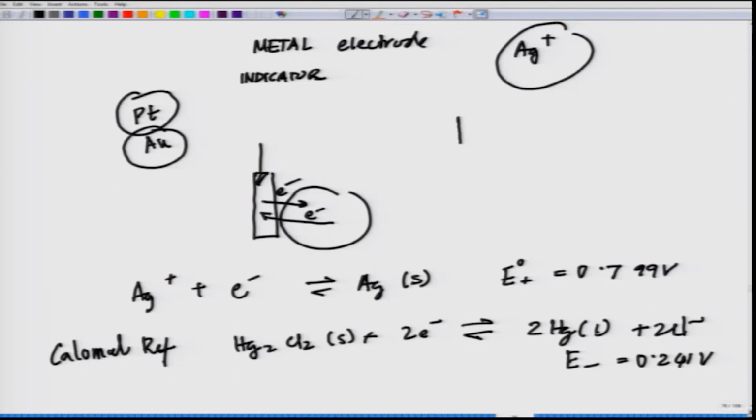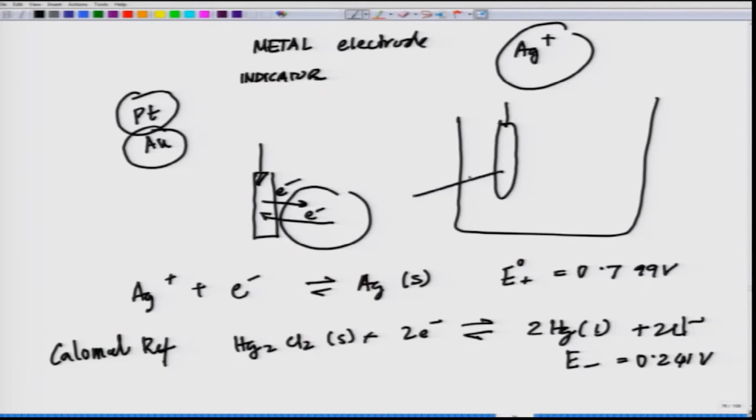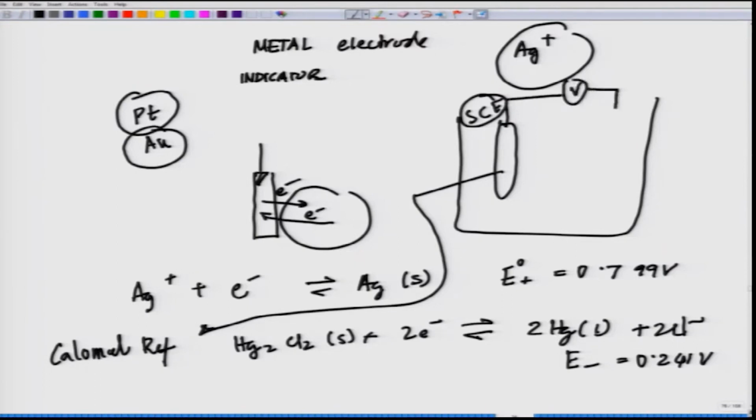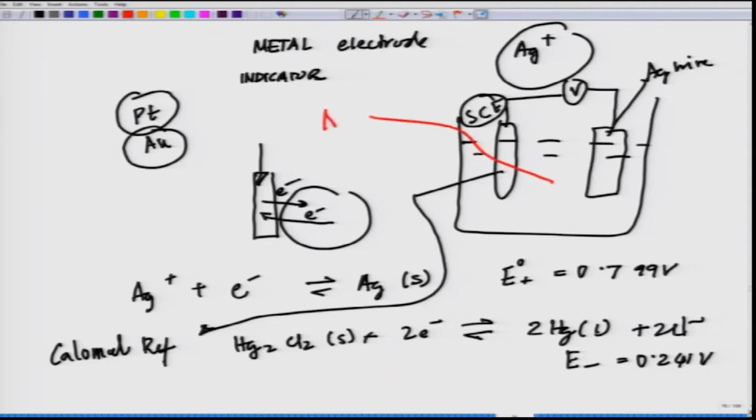And if you have to picture it, it will be something like this. Here you have the reference electrode sitting there, double junction saturated calomel electrode, SCE, standard calomel electrode is what we have talked about. Here you have the voltmeter, you are measuring the voltage, and here you have the Ag wire, okay, and the solution has the analyte, which is Ag plus aqueous.